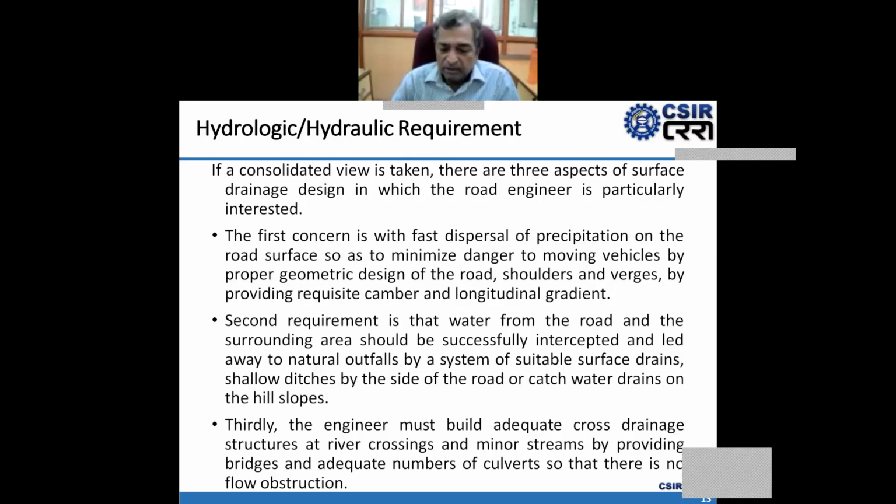In third, the engineer must build adequate cross drainage structures at river crossings and minor streams by providing bridges and an adequate number of culverts so that there is no obstruction to flow.